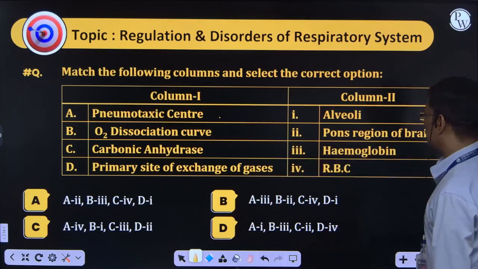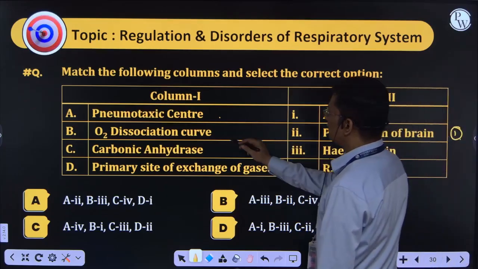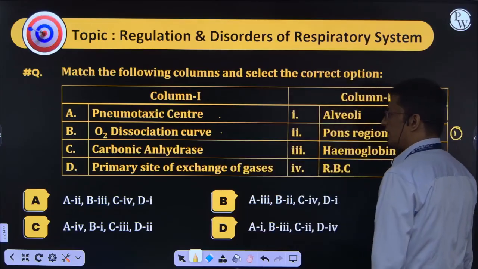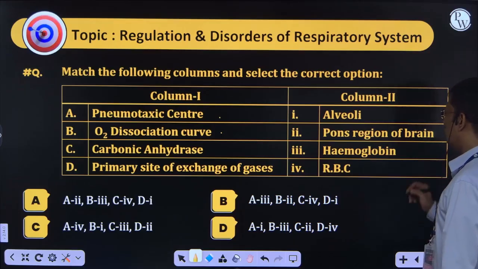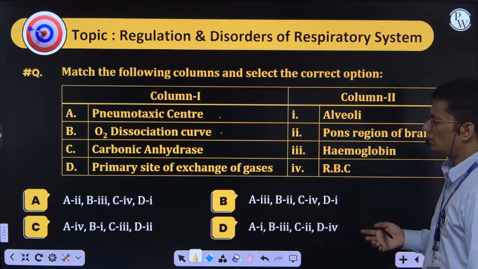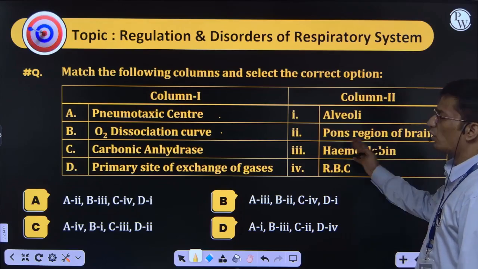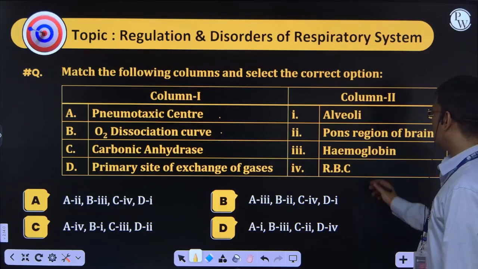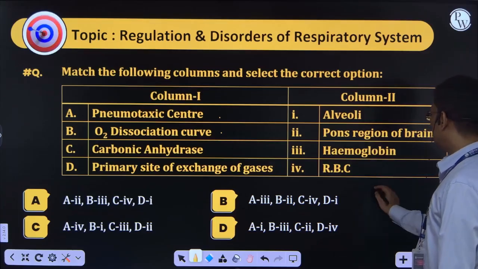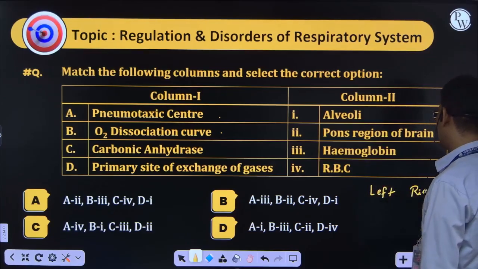Oxygen dissociation curve. It is actually defining the affinity of hemoglobin and oxygen. See, this is adult hemoglobin, and if you compare fetal hemoglobin, the affinity will be more in fetal hemoglobin compared to the adult. So if you draw the oxygen dissociation curve, there will be a left shift and a right shift.